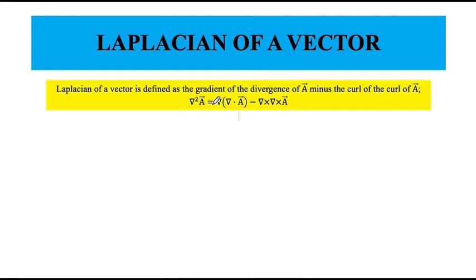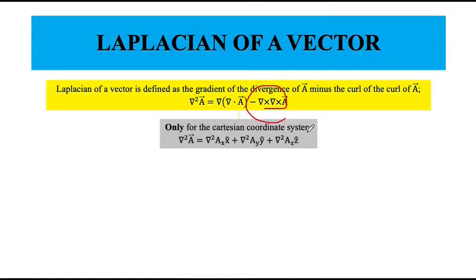Okay, so rather del squared A is defined as the gradient of the divergence of A minus the curl of the curl of A. Okay, the equation can be applied in finding del squared A in any coordinate system. In the Cartesian coordinate system, the equation becomes like this.